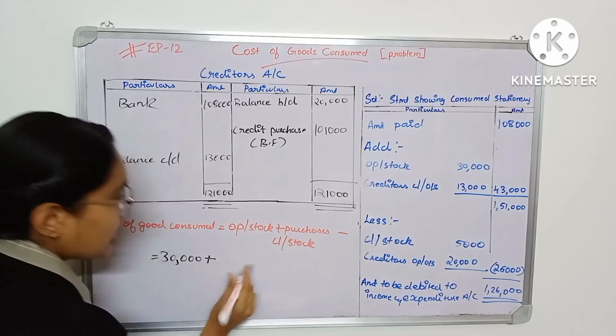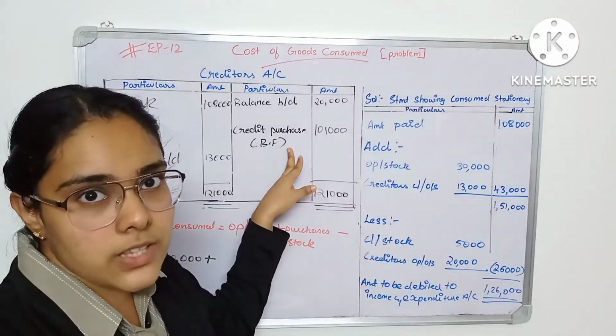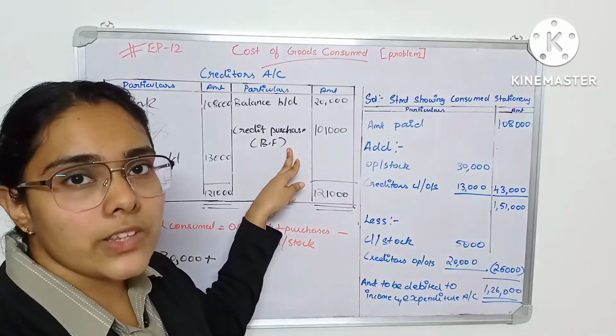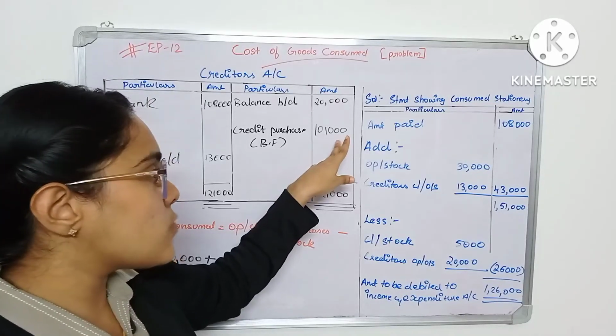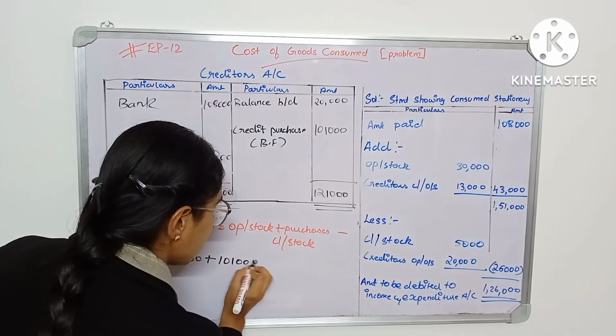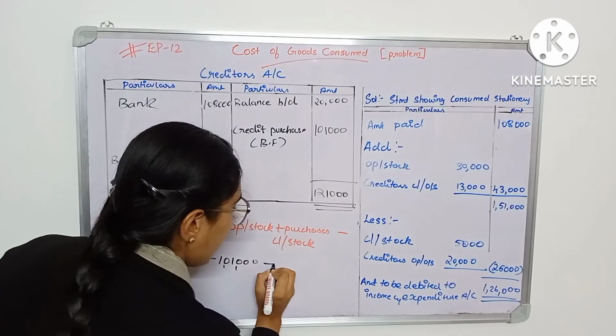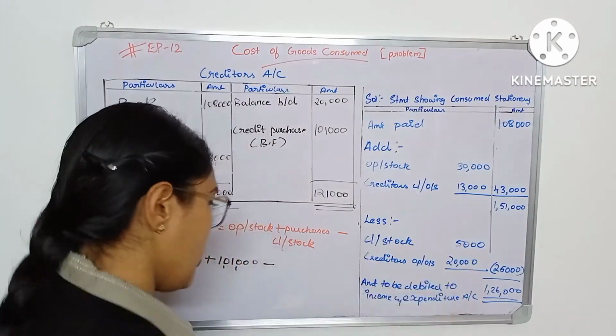And you have to add the purchases. Purchases here are only credit purchases. No cash purchase data is given to us, so we assume that we have only made credit purchases. The credit purchase amount is 1,01,000, so I am going to add 1,01,000 here. Then I am going to subtract the closing stock, which is 5,000.